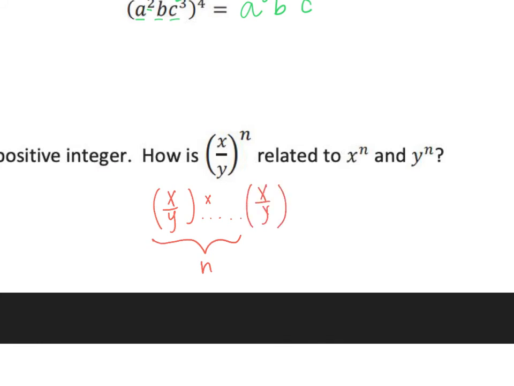That means that we're going to have this many x's and this many y's. And so this is the same as saying x to the nth power over y to the nth power. And we'll learn more about this later on. Just wanted to make sure you have it down before we move into our closure and exit ticket. Okay?